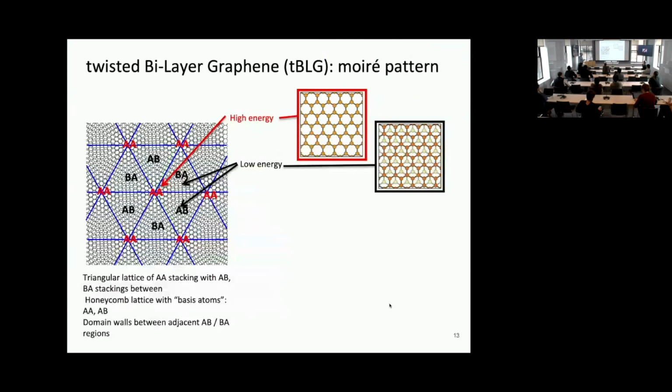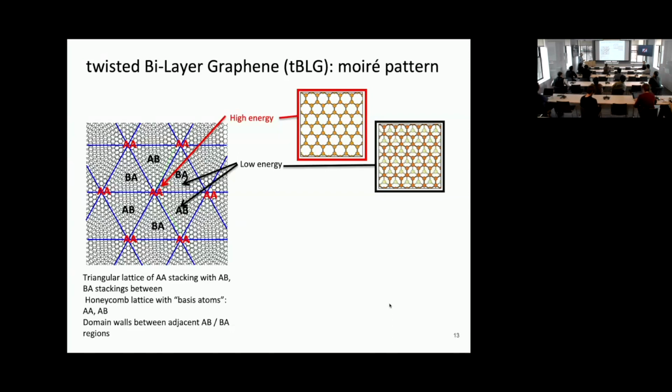In terms of the actual structure of the system, what happens when you have one layer on top of another, you create these regions where the stacking of the two layers is, for instance, in this region called the AA region, the top layer shown in orange atoms completely hides the atoms of the bottom layer. In other regions called BA or AB, those are related by rotational symmetry or translational displacement.